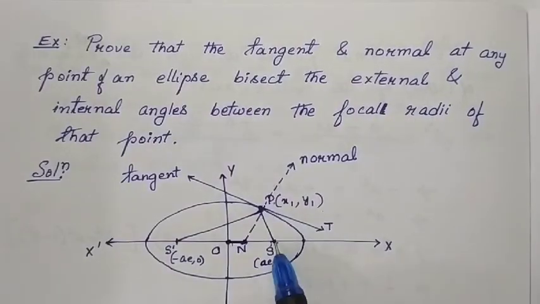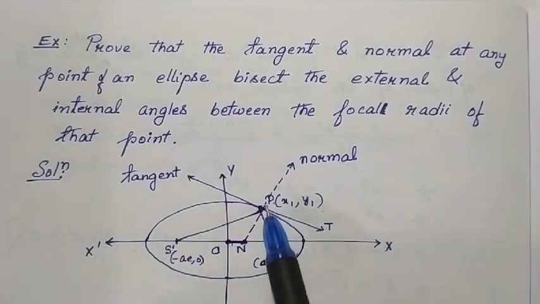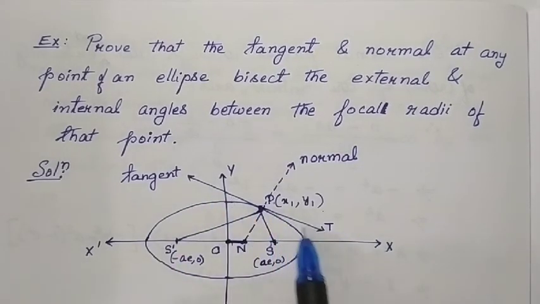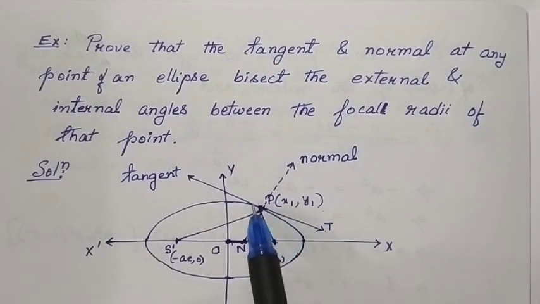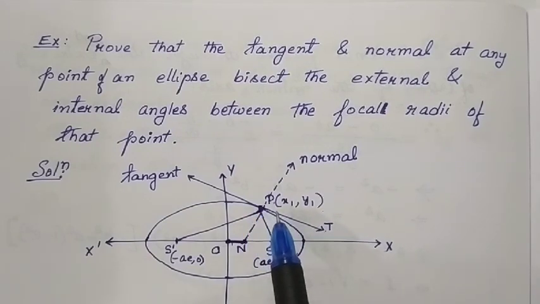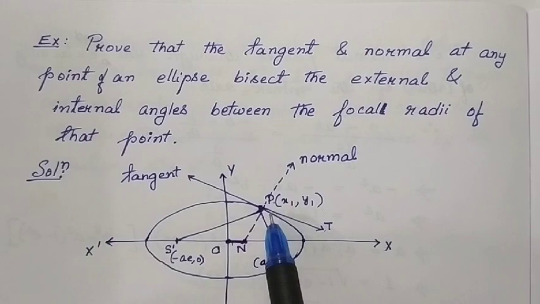See here, this was SPS dash. The PT is the external bisector and the normal is the internal bisector, which is inside the triangle, and the tangent is outside the triangle. So the tangent is the external one and the normal is inside the triangle, so that will be the internal one.